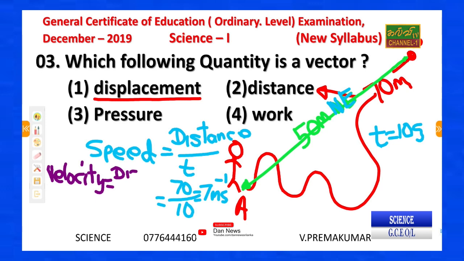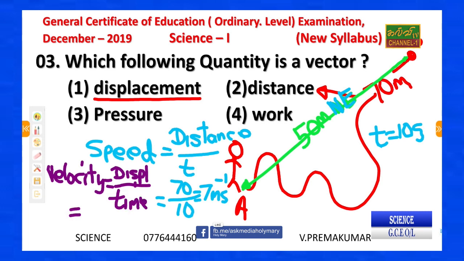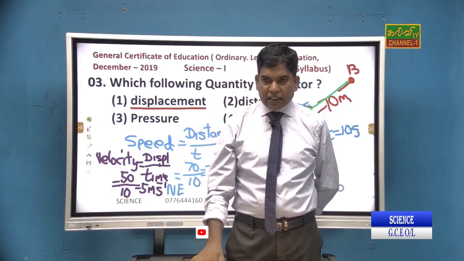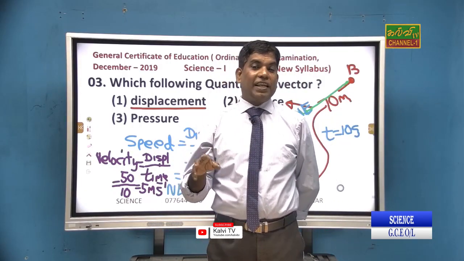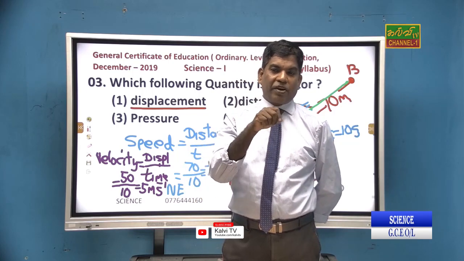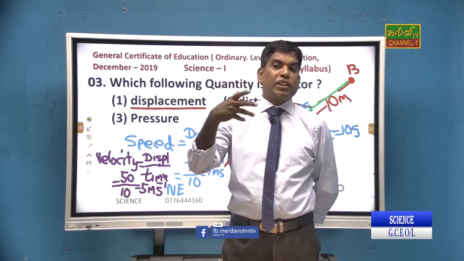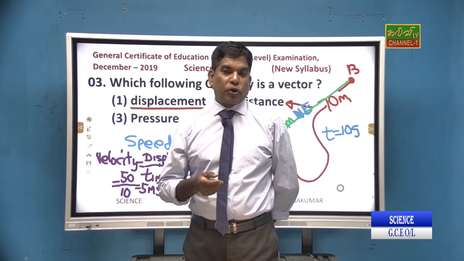Displacement over time means displacement 50 over time 10, that is 5 m s^-1 in the northeast. You have to mention the northeast. But normally in practical life, for study purposes, when writing that velocity is 5 m s^-1, normally we don't say the direction, but actually in scientific expression we should mention the direction also, right?